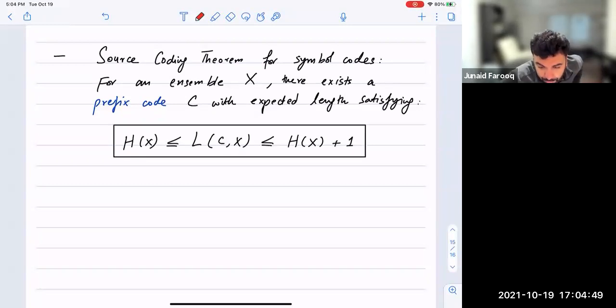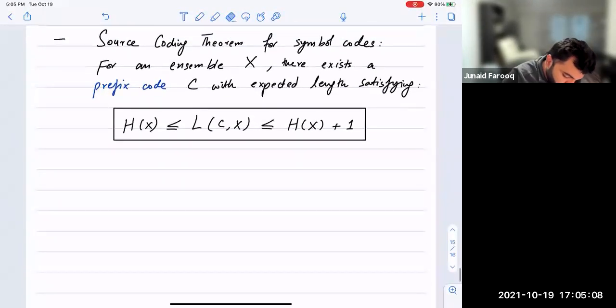So if the entropy was 1.75, you wouldn't exceed 2.75 in all cases, hopefully, if that code is a prefix code.